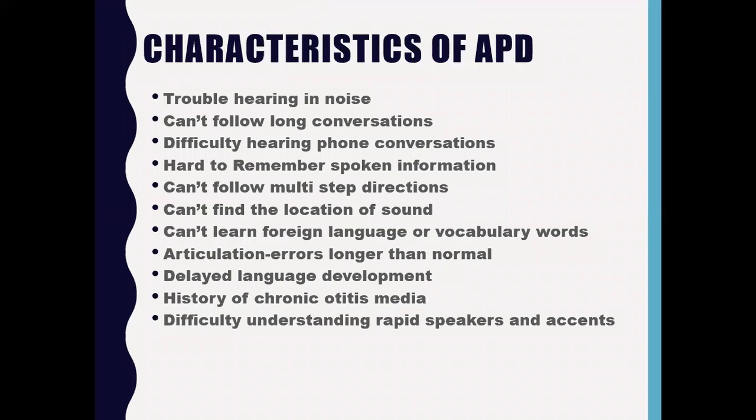The first thing we want to talk about is when you look at the characteristics of auditory processing, the behaviors that are listed consistent with the disorder could be due to a number of different etiologies.